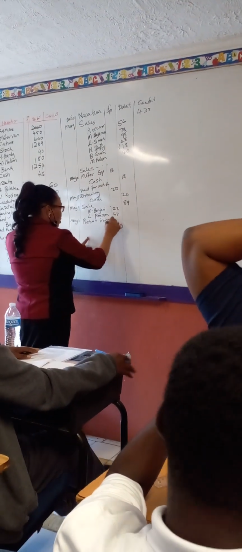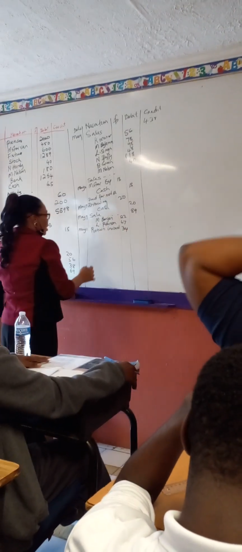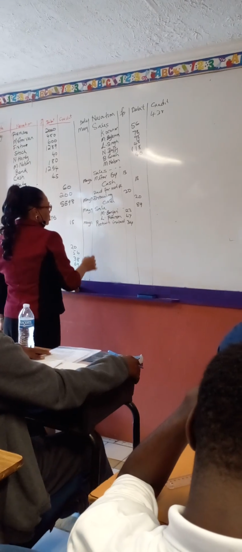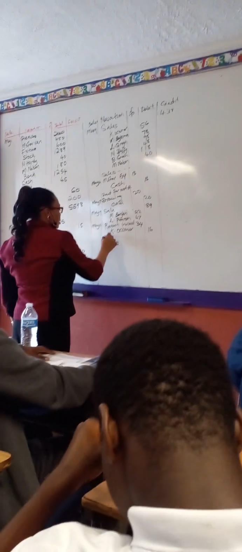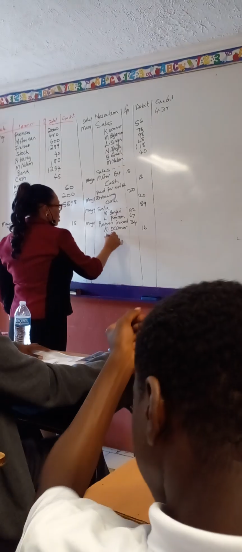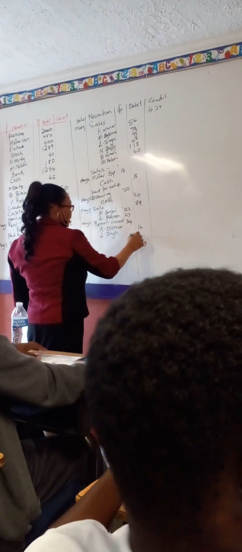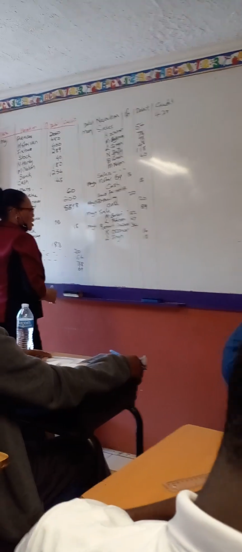And we debit return inwards with 34, and we're going to credit. What are the names of the persons? A. O'Connor, $16. And L. Singh, $18. Okay, moving on.